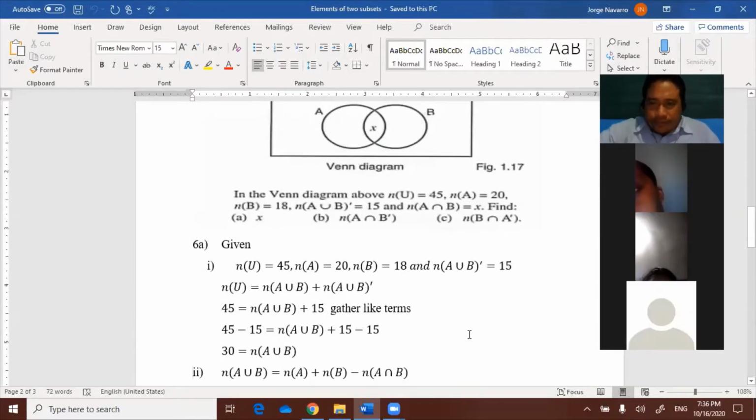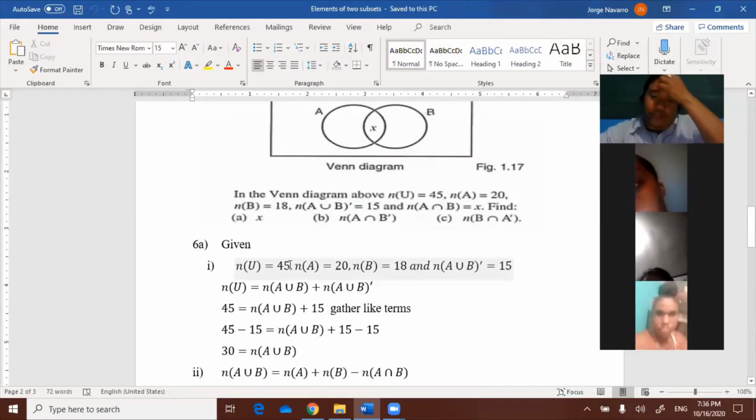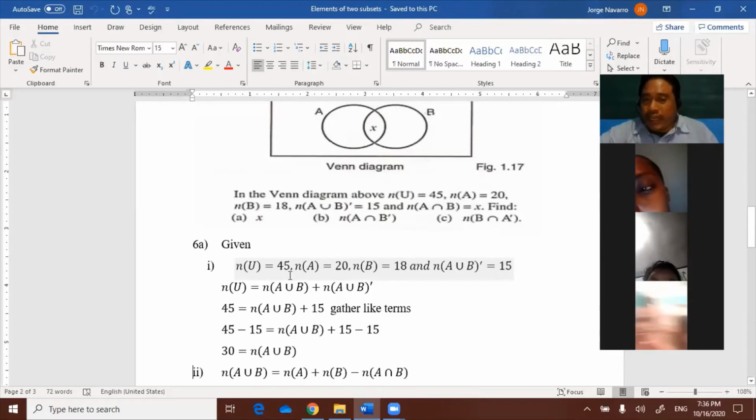So we're given that the number in the universal set is 45. The number in the circle called A is 20. The number in the circle called B is 18. And the number in A union B, all complement, or what is outside the circles, is 15.